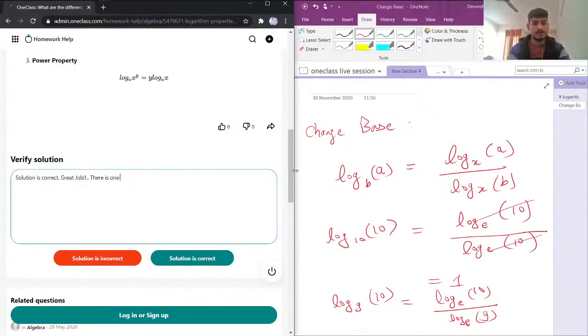There is one more property of changing the base of log, where log base a of b is equal to log base x of a divided by log base x of b.